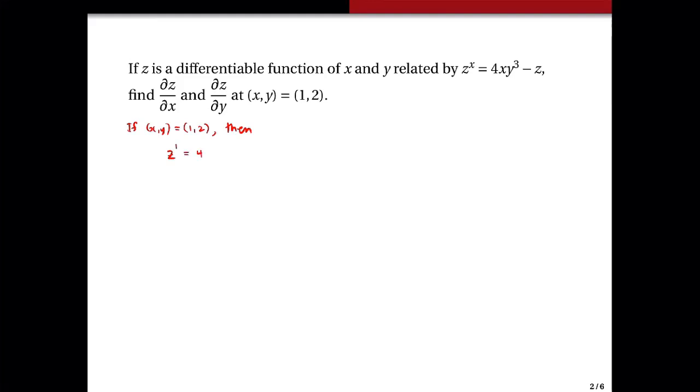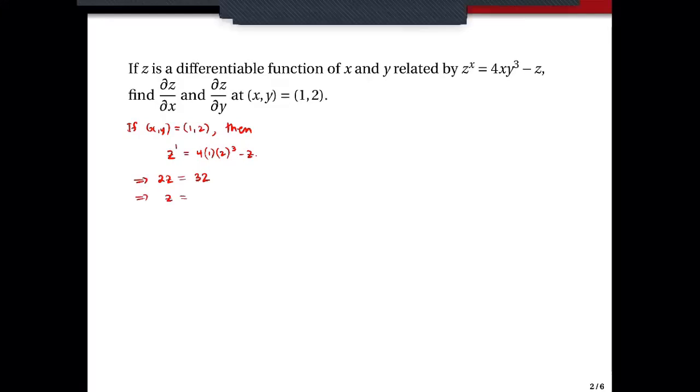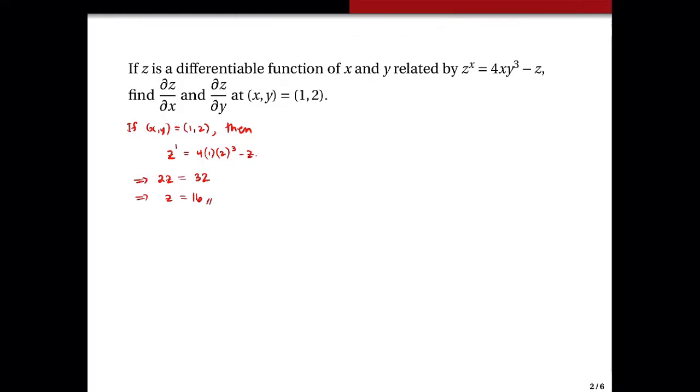This is equal to 4 times 1 times 2 cubed minus z. So z to the power 1 is just z. So we will have 2z equals 4 times 2 cubed, which is 32. Which means that our z equals 16. So let's take note of that value of z when x equals 1 and y equals 2.